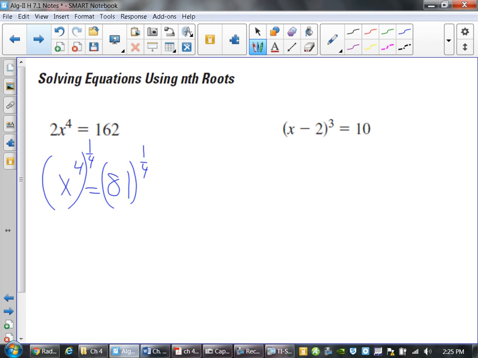It means the same thing. Or you can say the fact that you're going to take the 4th root on both sides. So, what's the 4th root of 81? 3. Now, I just took an even root over an equal sign. What do I have to put? Plus minus.